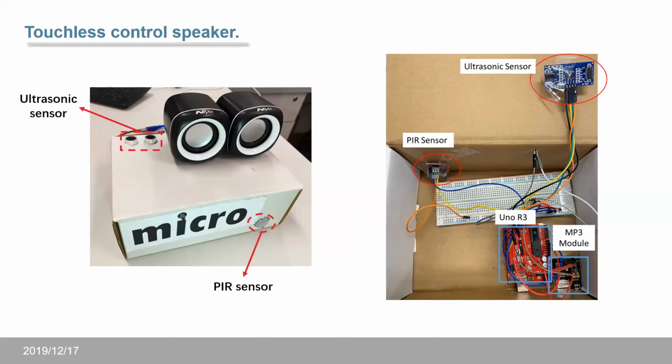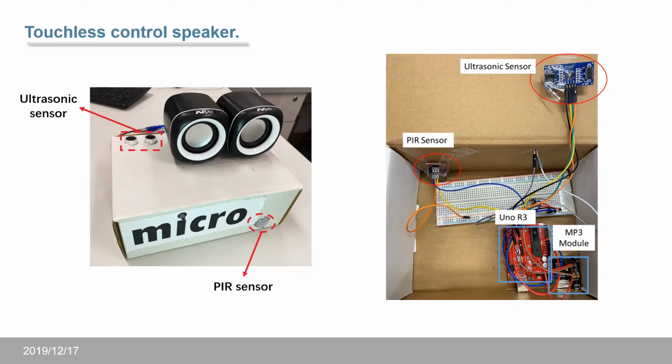Here shows the detailed design of our system. Here is the ultrasonic sensor, which can detect the distance, and here is the PIR sensor that can detect your hand's movement. And the inside structure is shown here. As we introduced before, there are the ultrasonic sensor, the PIR sensor, and the main chip, R3.